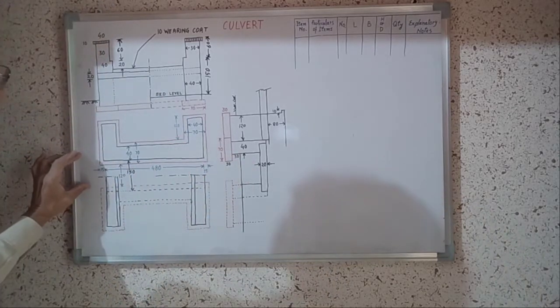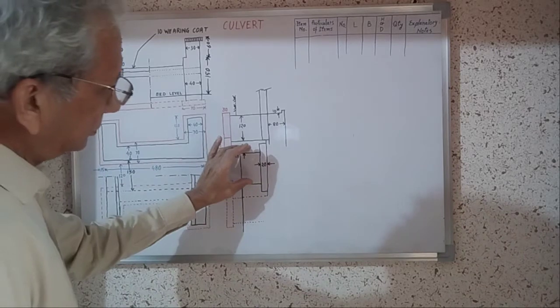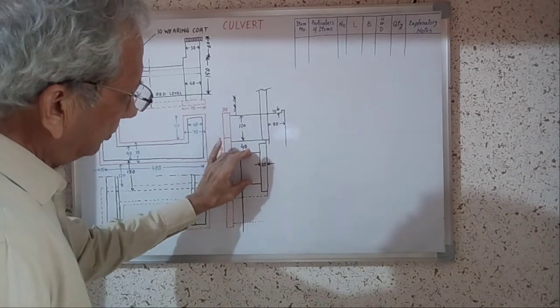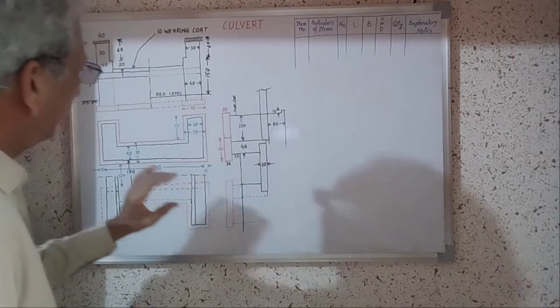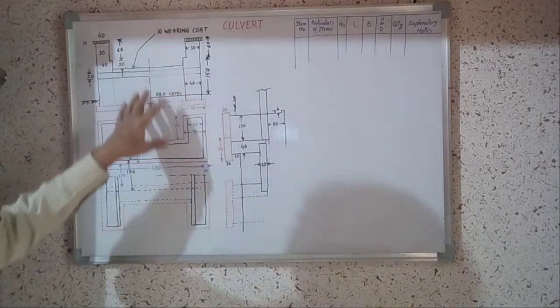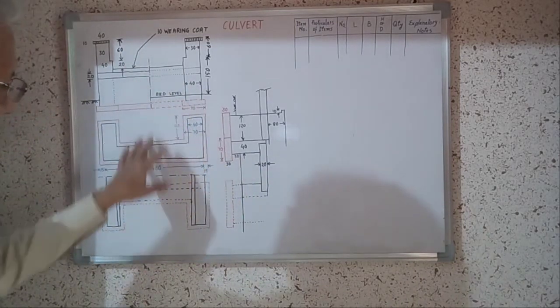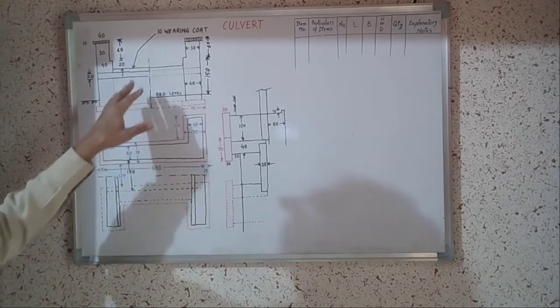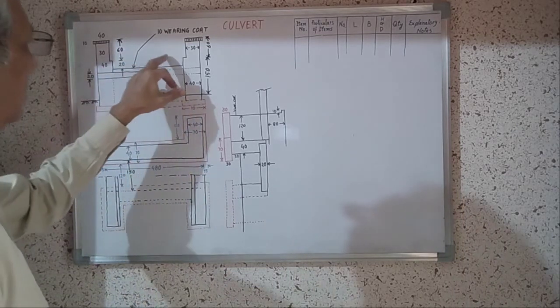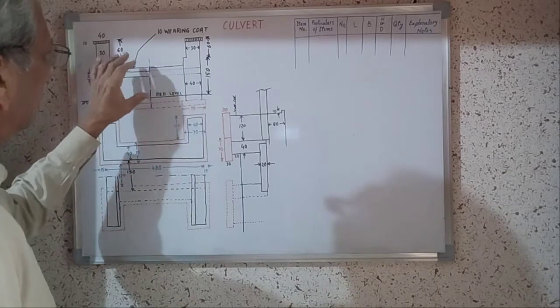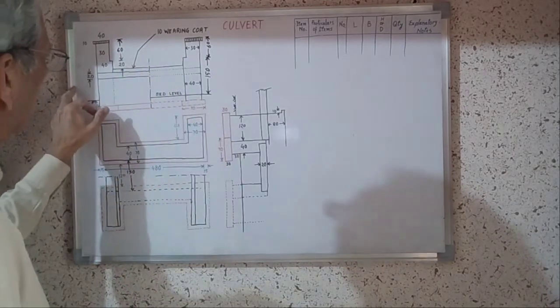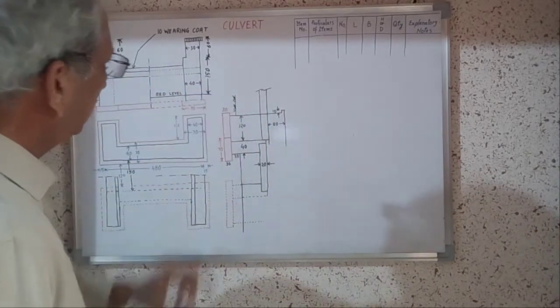This is a culvert where water is flowing, and the road is going in this way. Now, this is a cross section of the road, and this water is flowing like this.